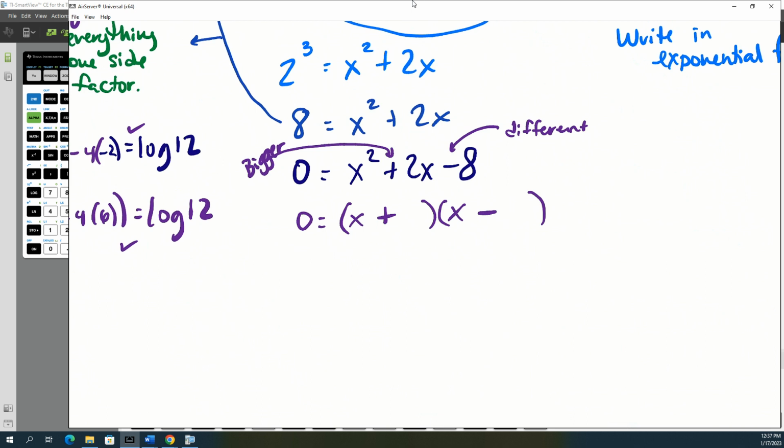All right, so what multiplies to give you 8 and subtracts to give you 2? 1, 2. Yep, good job. And because we want the positive 2, we'll make the bigger number positive. So x plus 4 equals 0, or x minus 2 equals 0.